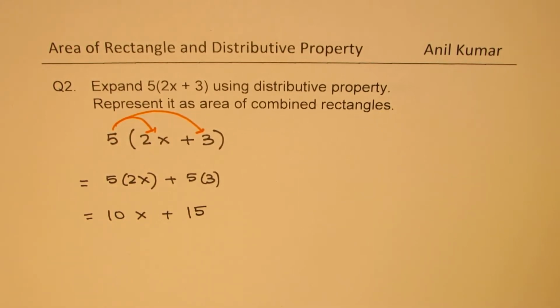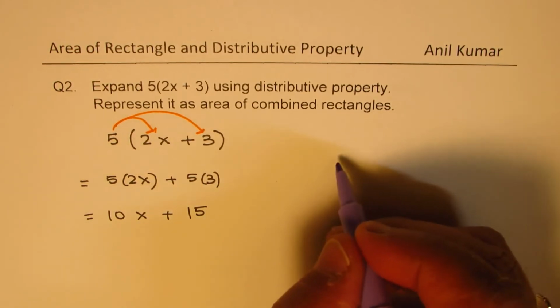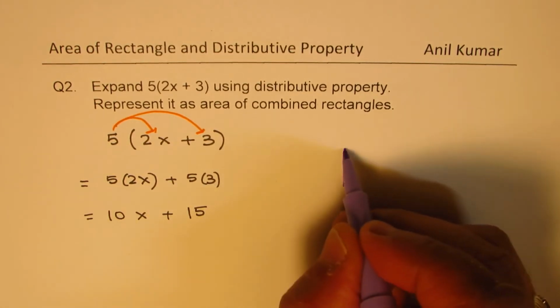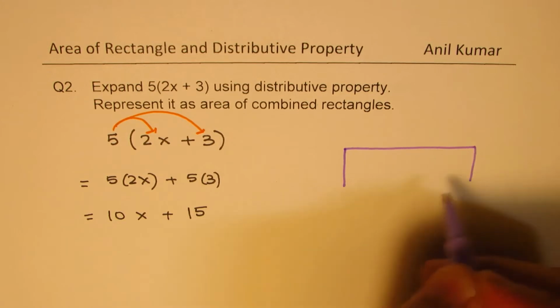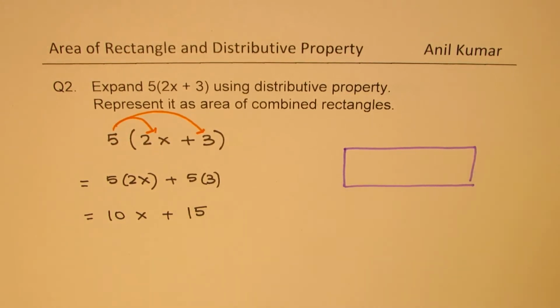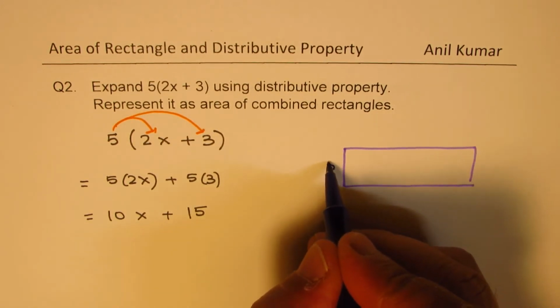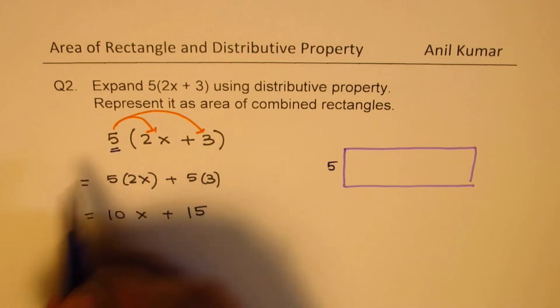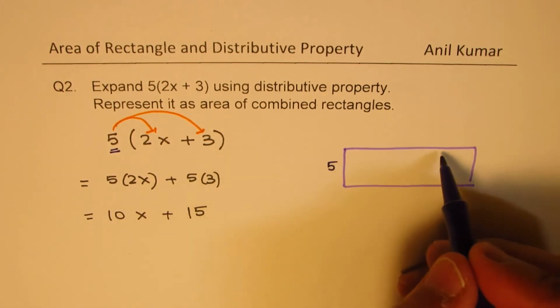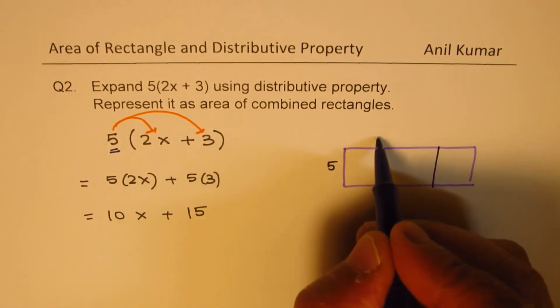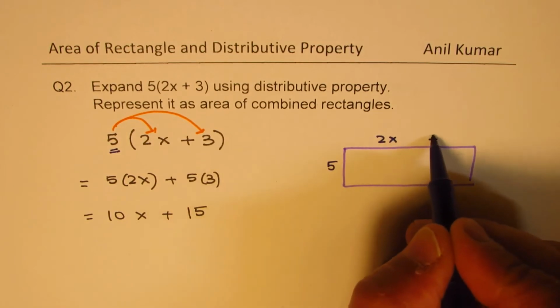Now we could show this as a rectangle with one side as 5, the other side as a combination of 2x plus 3, right? So here we have a rectangle whose width is taken as 5, the number outside, and inside we have this length as 2x plus 3.